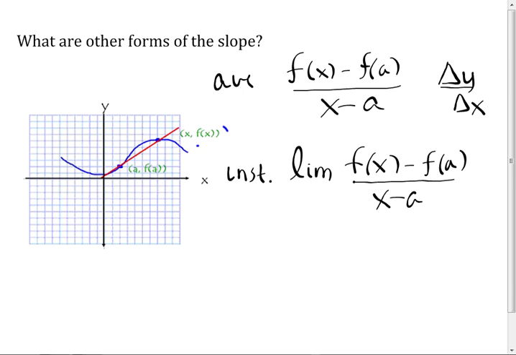I'm going to take this point up here, sorry. What's happening to my x? I'm going to drag it on the curve. What's x doing? Getting closer to a. So x approaches a.